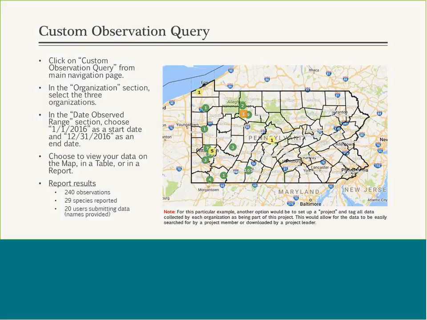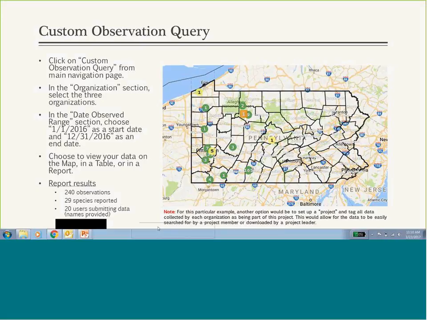You can see in the map view that there's been data found across various parts of western Pennsylvania. And in the report, we can see that there is a total of 240 observations, accounting for 29 species and 20 different users, which you would be able to know which organization they are affiliated with.